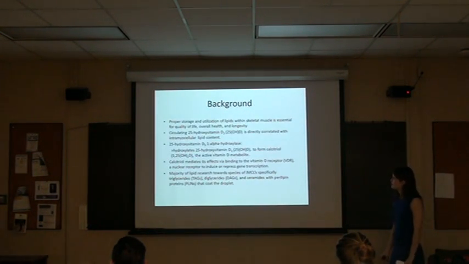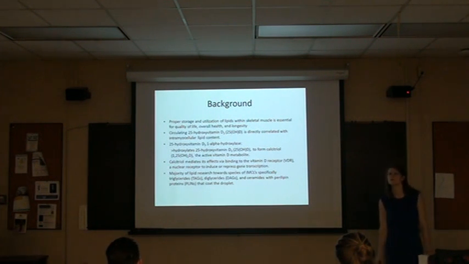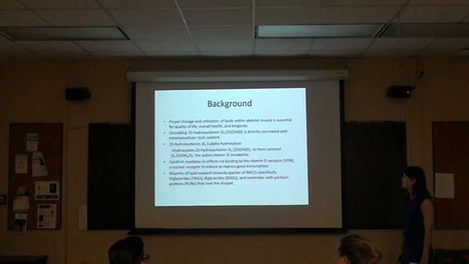A little more background. I think we can all agree that proper storage and utilization of lipids within the muscle is essential for quality of life, energy, and overall health, using them most efficiently, I should say.